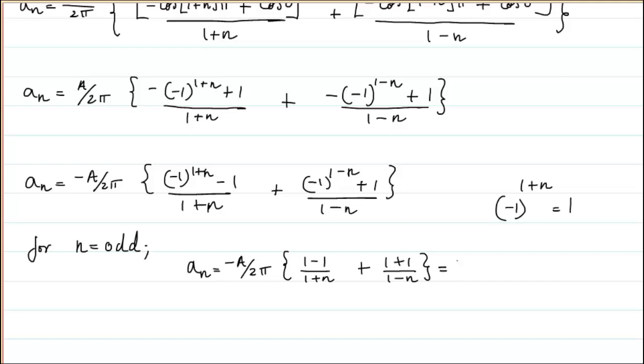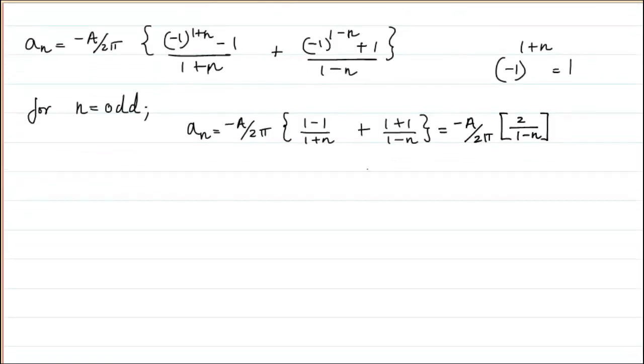So I can write this as minus a divided by 2 pi into 2 divided by 1 minus n, from which I can clearly say, therefore, an is going to be equal to minus a divided by, 2 and 2 get cancelled, 1 minus n pi.